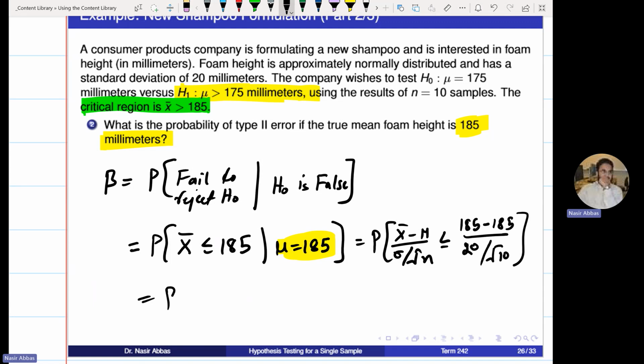And this is equal to probability of z less than 0. You need to go to the table for this. The answer is 0.5. So the probability of type 2 error here is 50%: half of the times you will fail to make a correct decision. You will fail to reject H naught even when H naught is false.